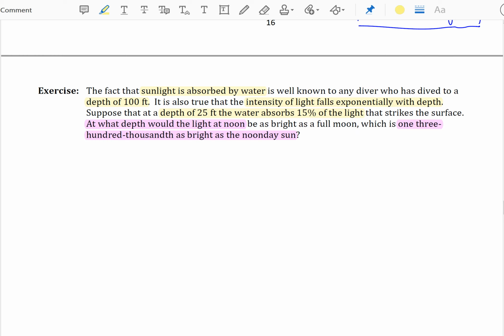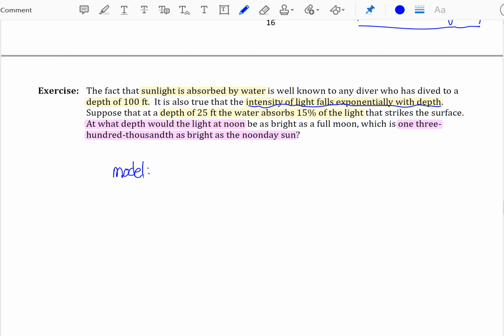Now there's a lot of wording in this question, but let's see what we can pull out of this. We are told about the model initially. We are told that the intensity of light falls exponentially with depth.